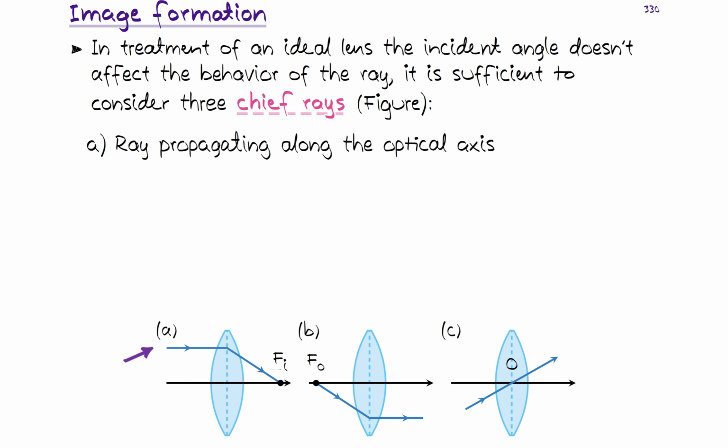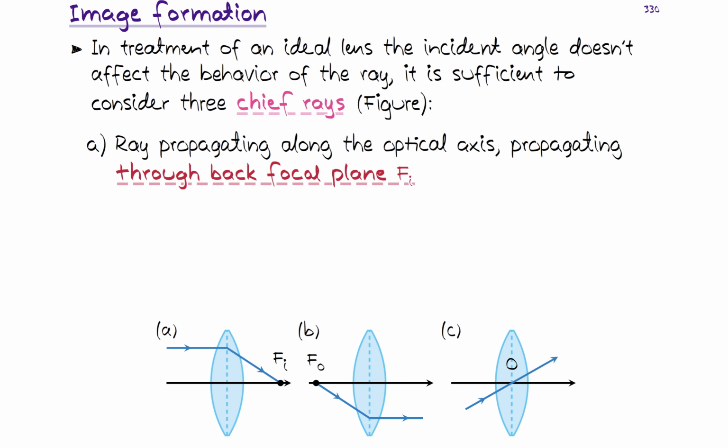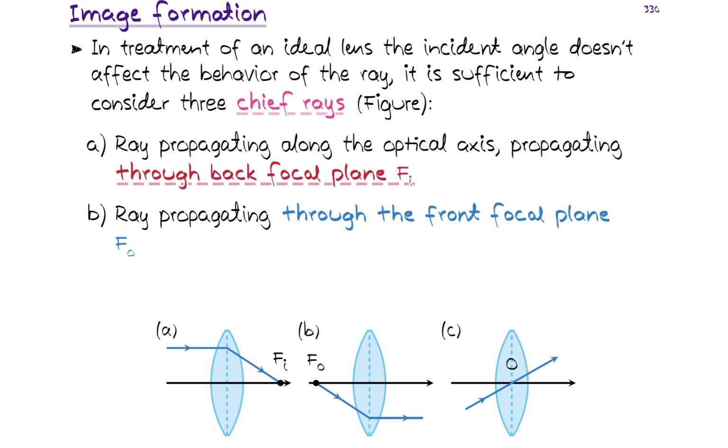So our object point is somewhere here, and the ray continues a straight path, is being focused down due to the presence of a lens, and then hits the back focal plane here at this point, and of course it would be propagating forward afterwards. So this is what we would consider as the first chief ray. It's propagating through the back focal plane Fi. Please remember this one.